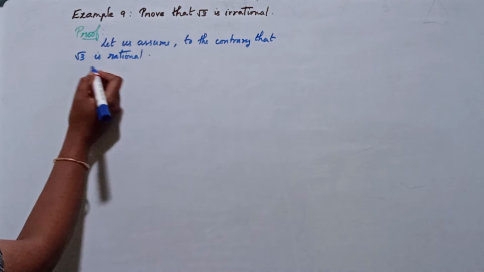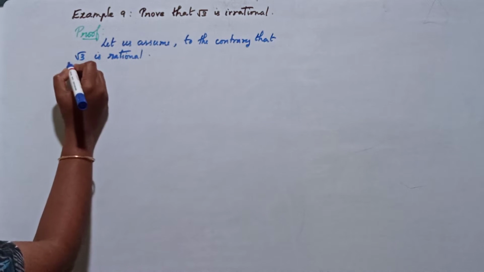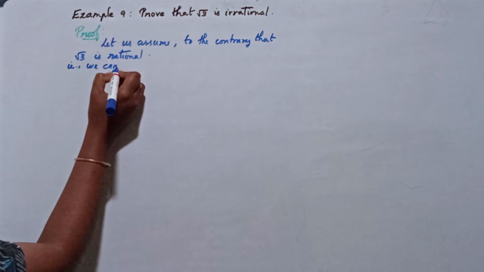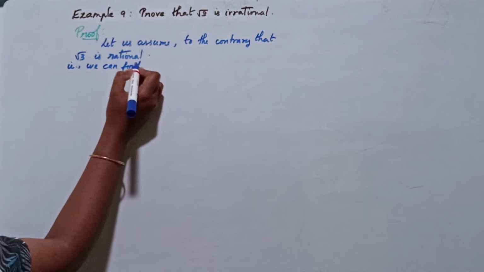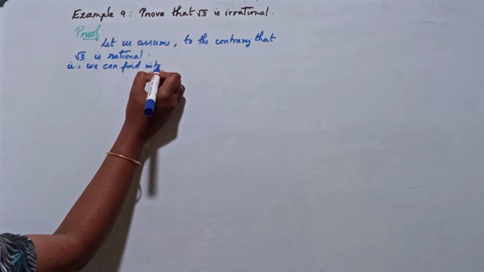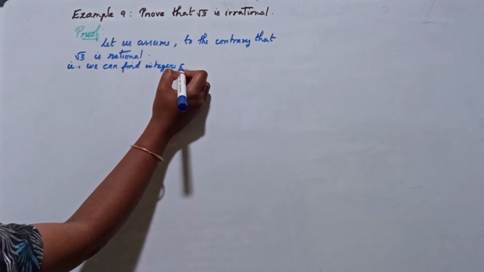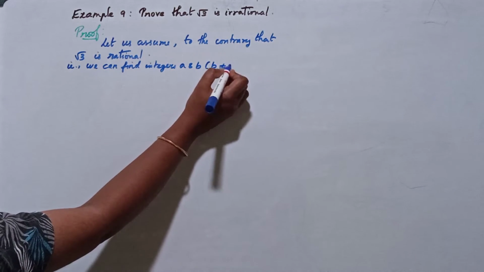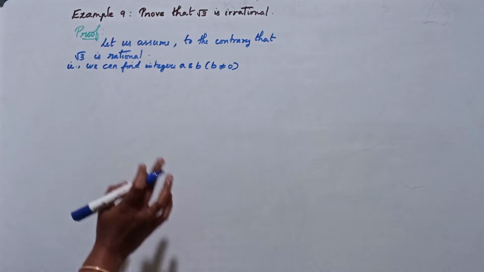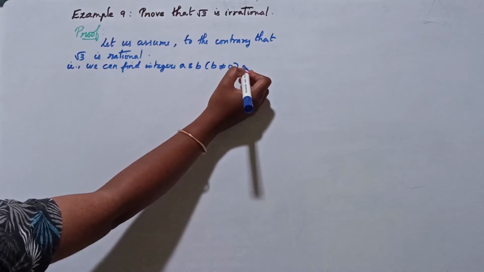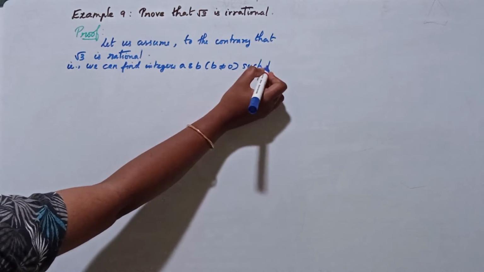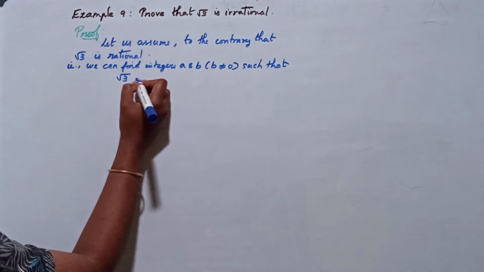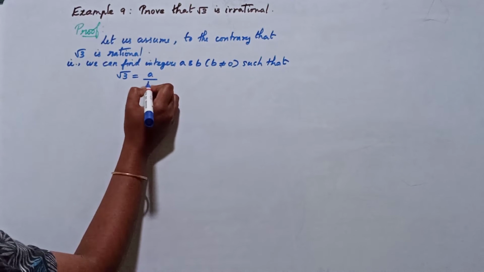So we can find integers a and b where b will not be equal to 0, such that square root of 3 can be written as a by b.